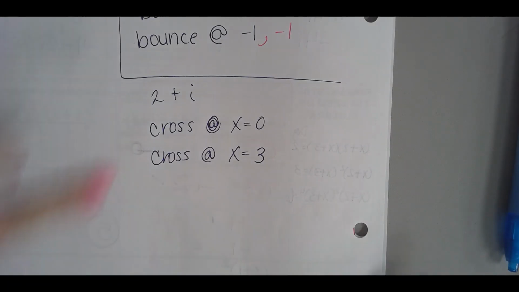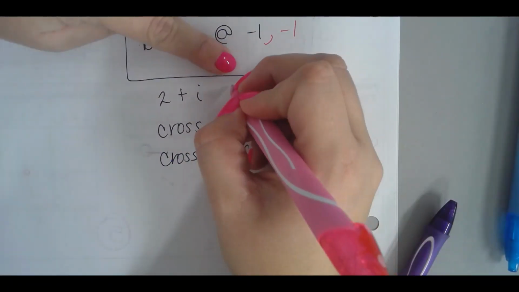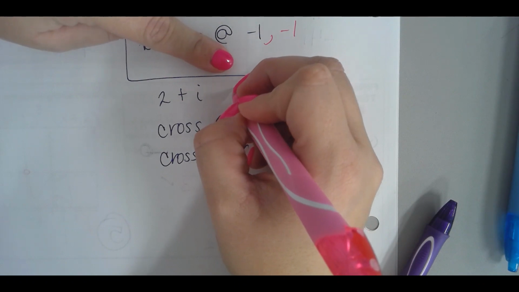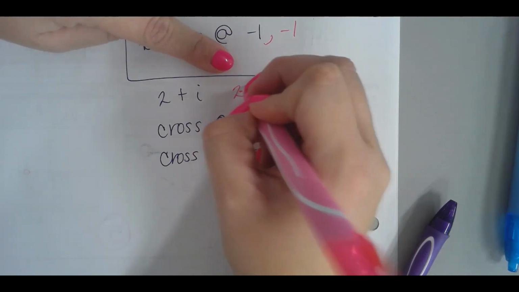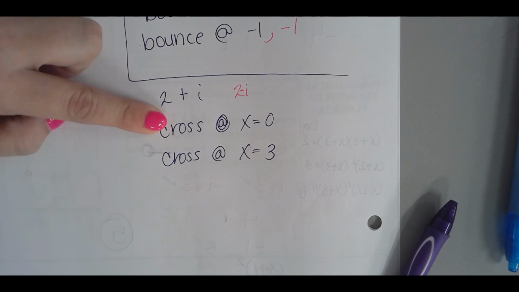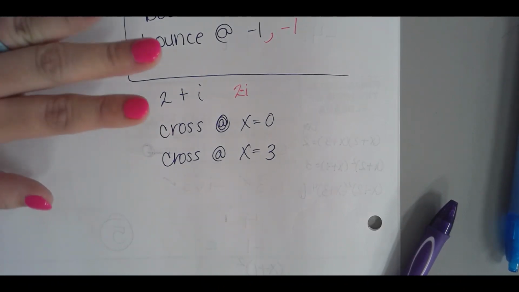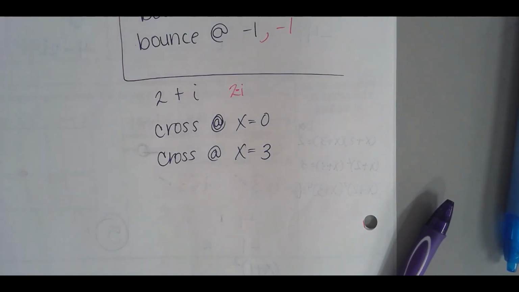You have 2 plus i. You also have 2 minus i. Crosses, that can be just 1. It could also be 1, 3, 5, 7, 9 as a multiplicity, but we want to know the least. So 1 is the least. So you have 2 plus i, 2 minus i, and then 0 and 3. Those can only count as 1.